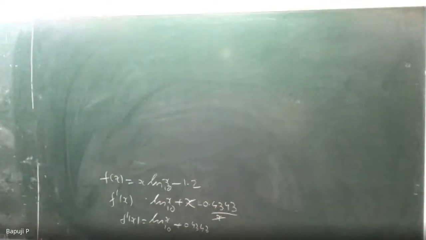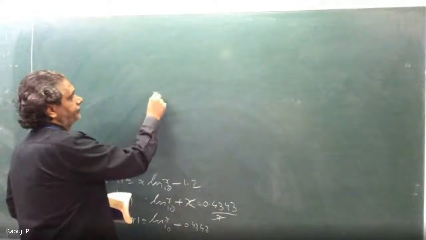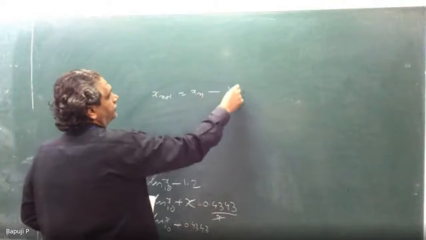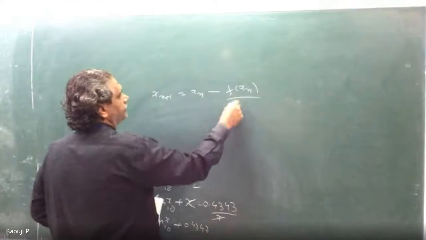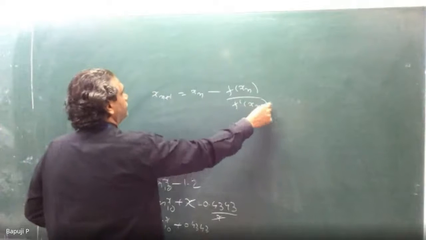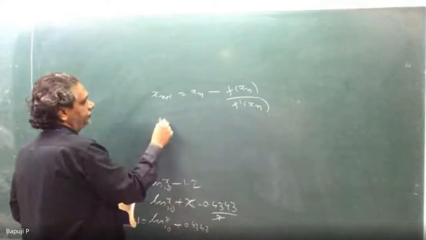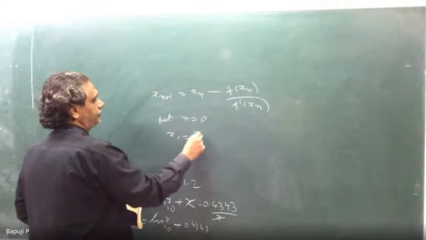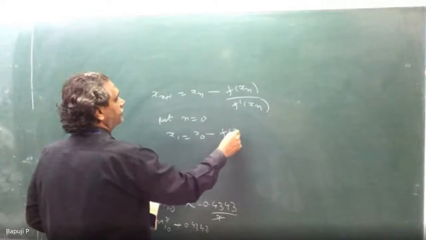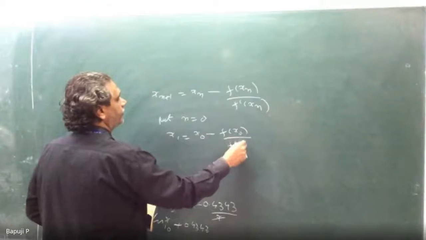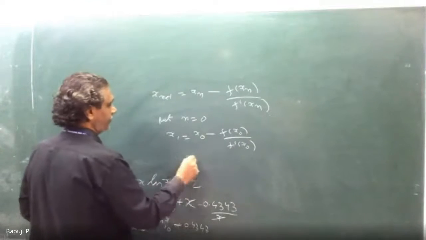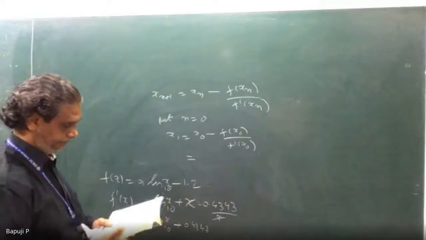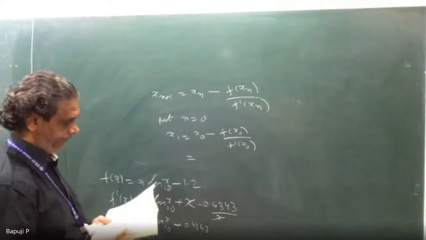Right. By using the Newton-Raphson method, what is the formula? X naught is what? What are we taking? What is my X naught? 3.